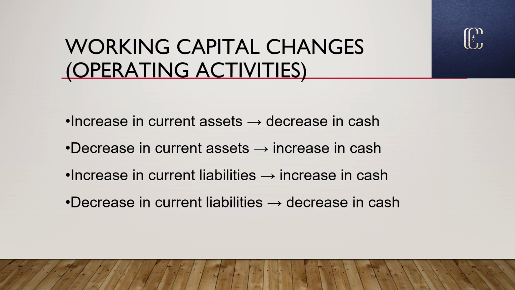Liability decreases, cash decreases. So we should concentrate on each current asset and current liability for the adjustment activities. Working capital adjustment shows where cash is blocked, where cash is saved, and actual operating cash available.